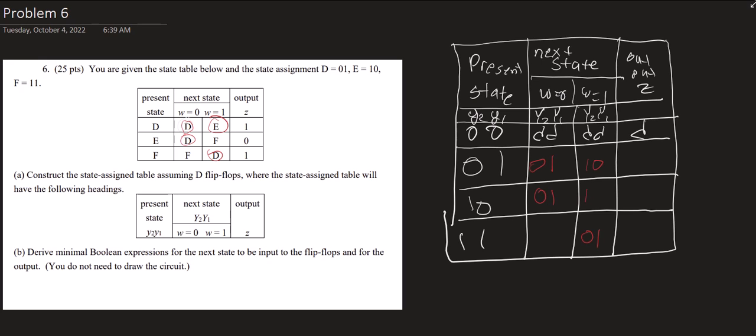And F is 1, 1, and our output stays the same. If he does not tell you what to assign, you get to choose whatever you want. So if he didn't say D equals 0, 1, you can make them however you wanted. D could be 0, 0, however.